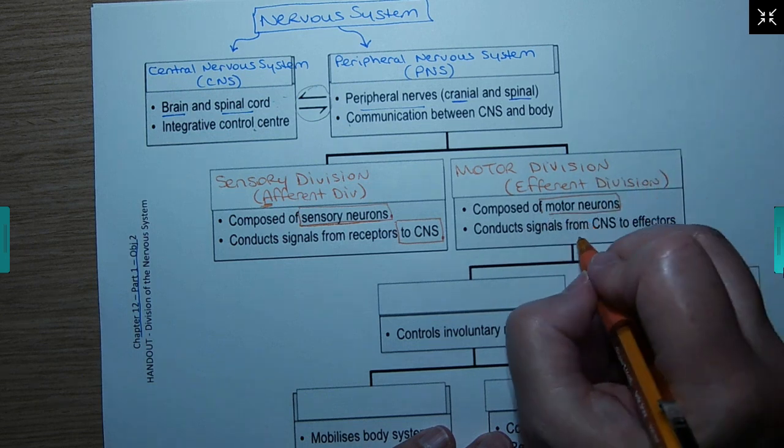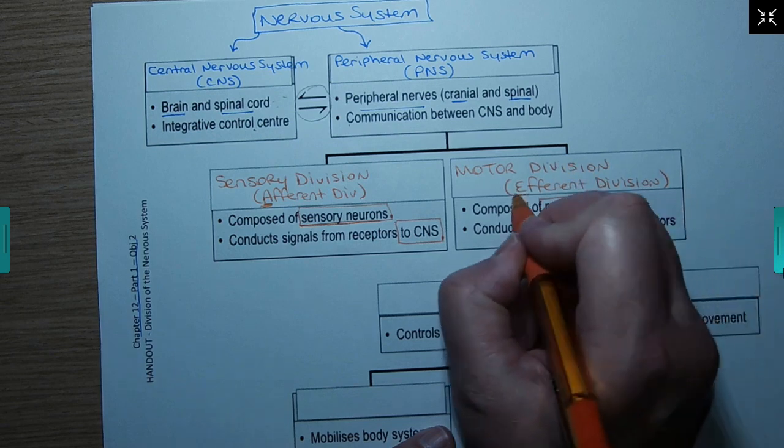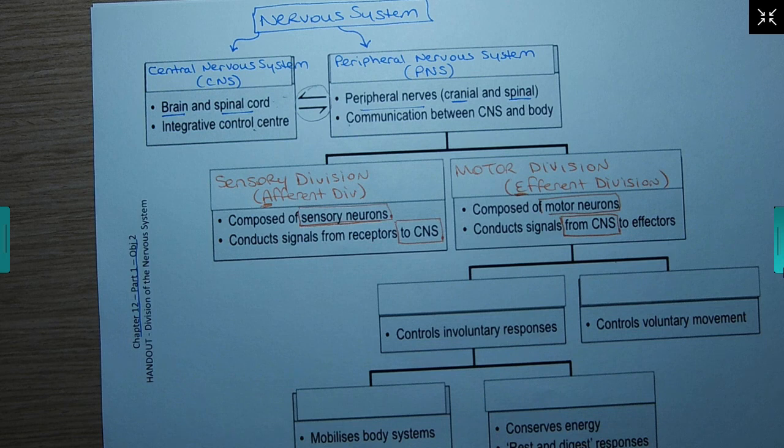Notice it is taking information from the central nervous system. So anytime you have efferent, that means away from. So what is it away from? It's away from the central nervous system. So let's just kind of look and see how this information is going to flow, the order of events that would occur now that we've kind of named these.